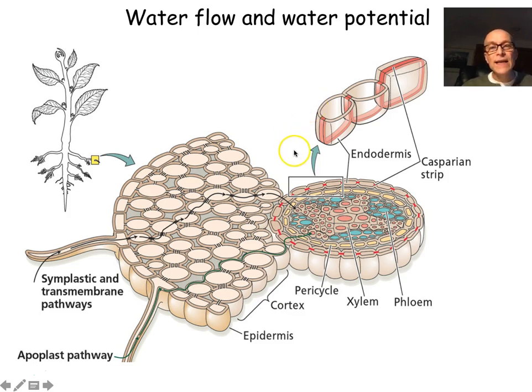Well, that is because if water is supposed to be moved into the xylem and then up into the plant, it needs to get from the outside, from the cell walls, where it can stay basically without ever entering into a cell. It can sort of stay in the cell wall material that's like a wick.